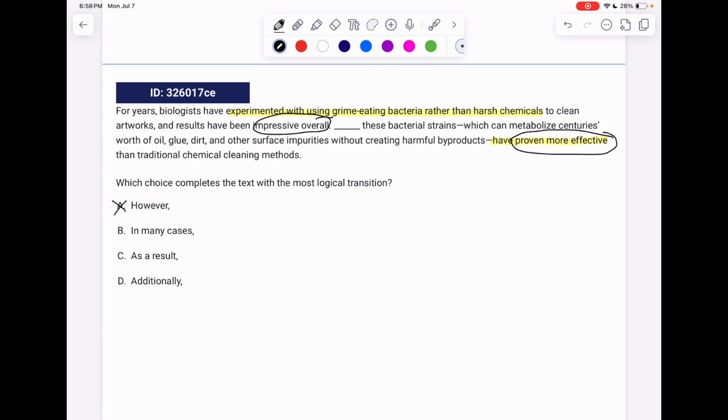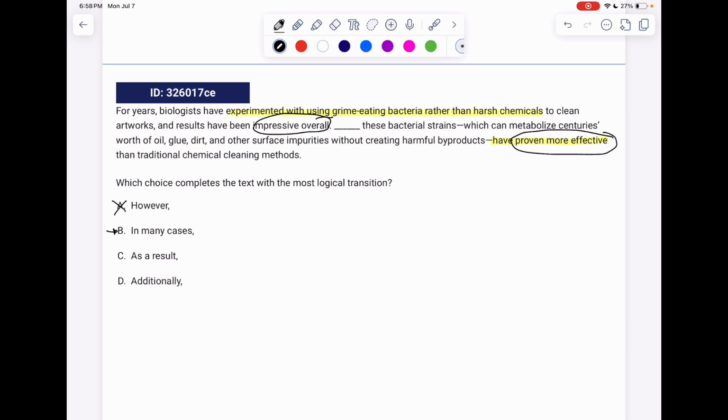So we want a transition that shows agreement between the two. The second part supports the first part. It's almost like giving an example or proof that the first part was true. When we say in many cases, it's like we're giving a case and an example, like a point that proves the first part. So we're going to keep that one in because that shows the right relationship.